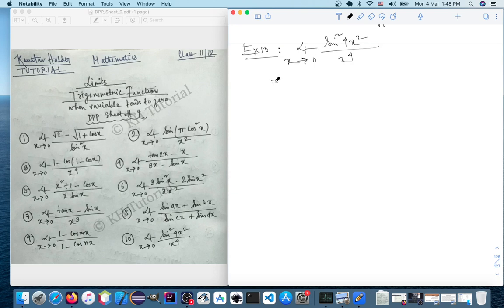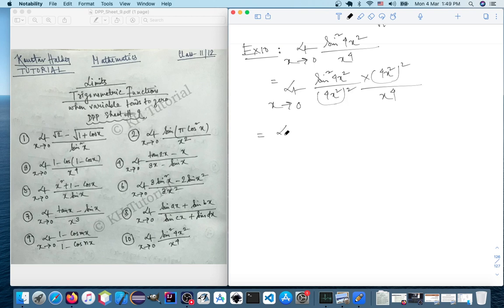So obviously we would like to create the standard form with the sin x term. Since we have sine square 4x square, we would like to have here 4x square whole square. Adjust that, and we have x to the power 4.